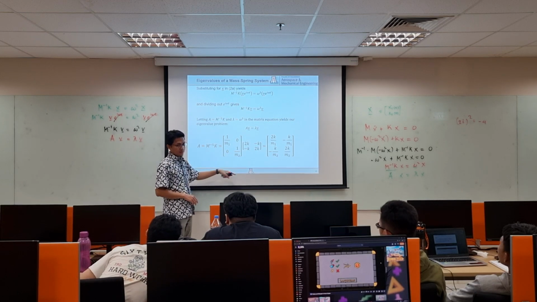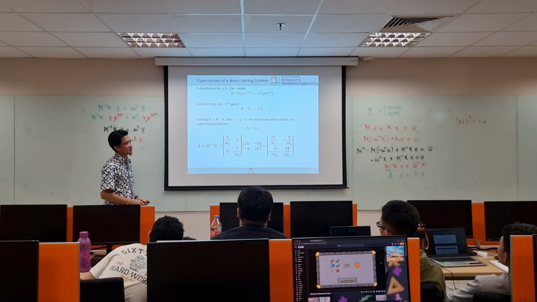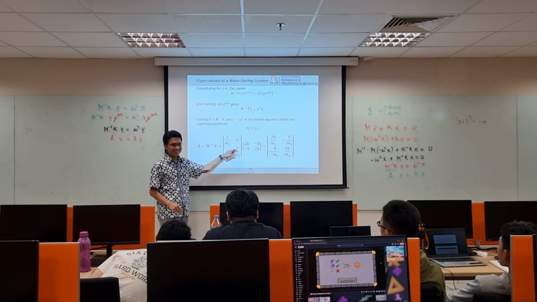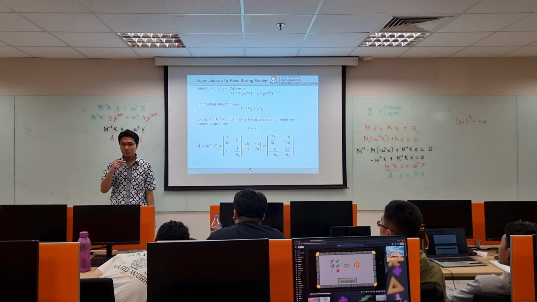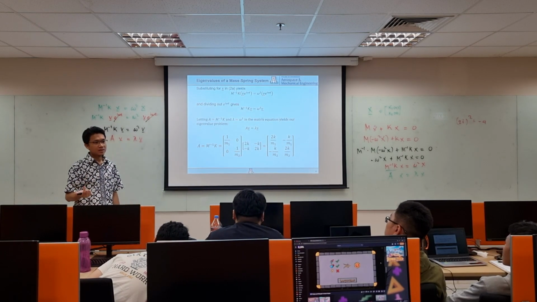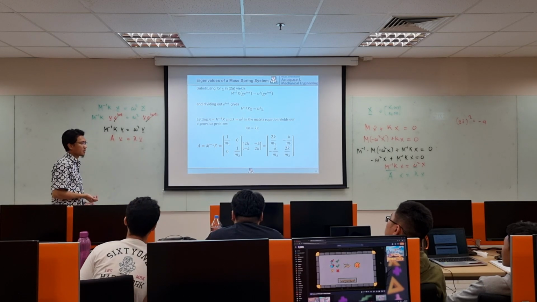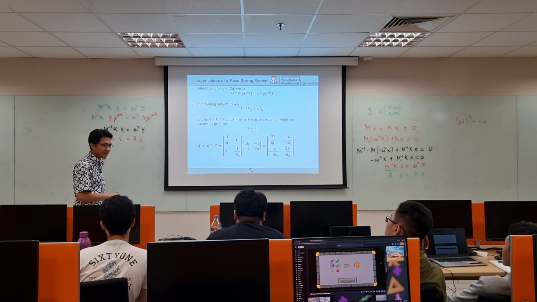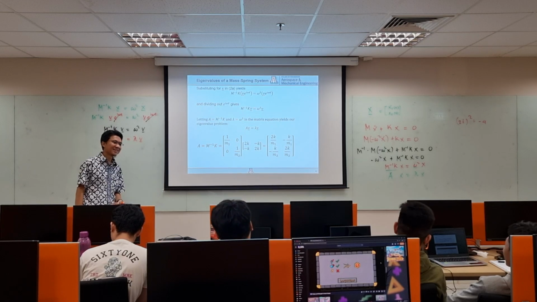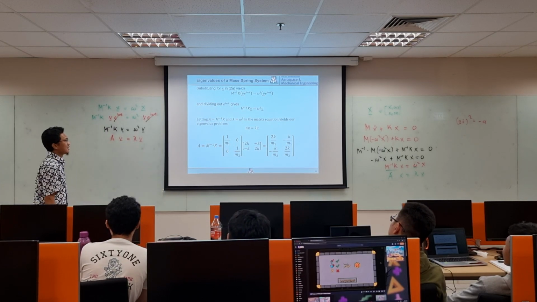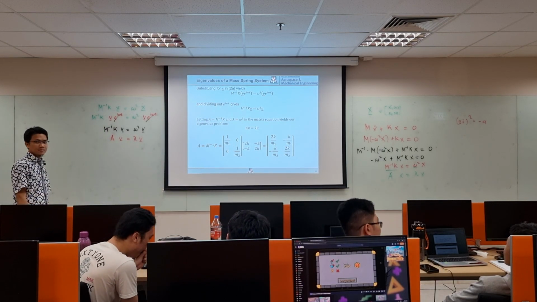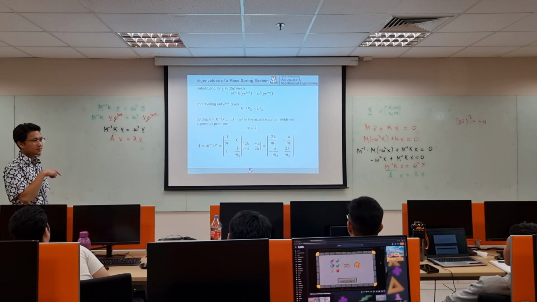M is a diagonal matrix, right? Now, the inverse is this one. You take 1 over M1 and then 1 over M2 as the inverse. Diagonal is symmetric. Any problem on this? No.